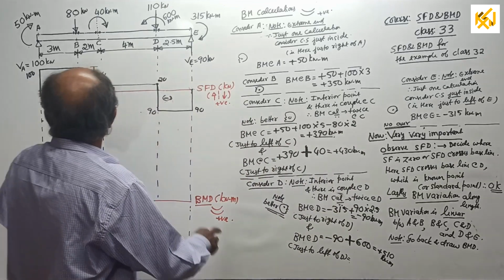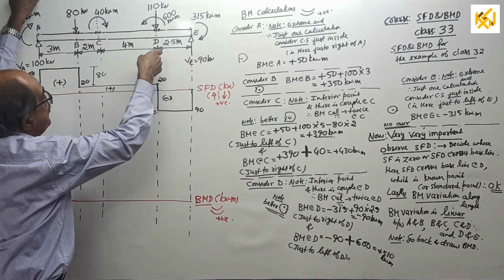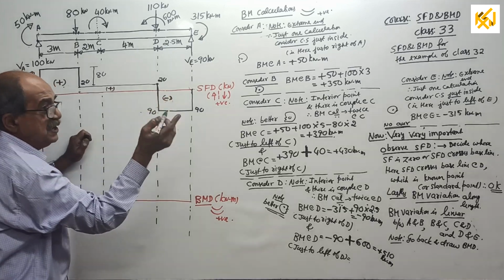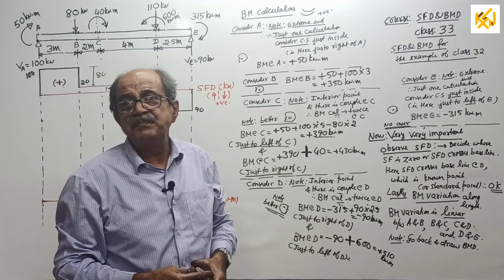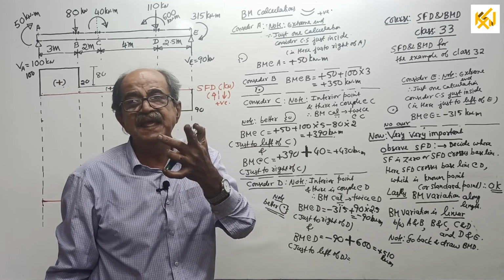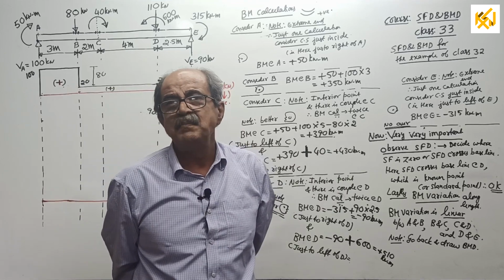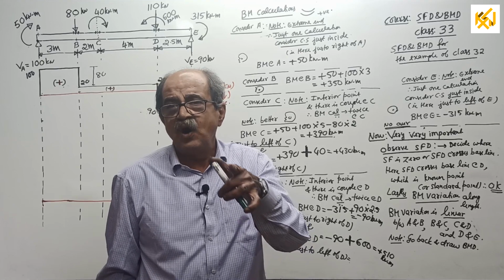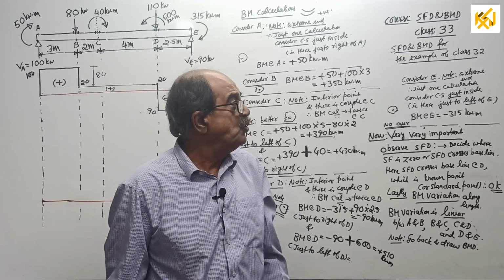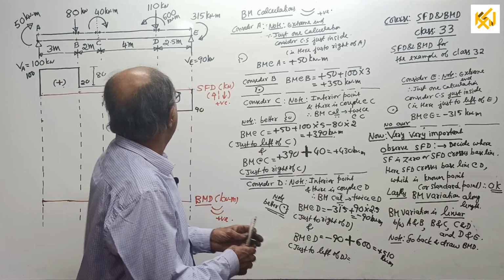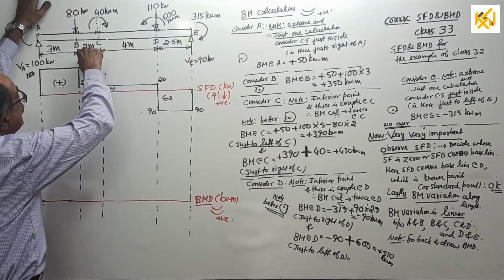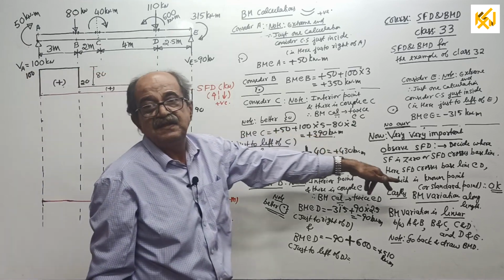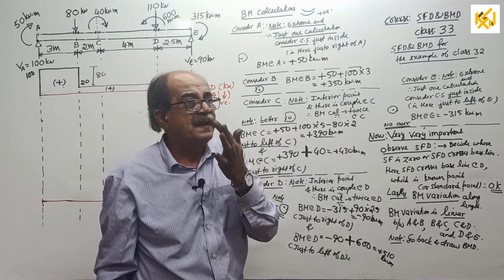Here, SFD crosses baseline at D. See here, D. Wherever shear force is 0 or SFD crosses baseline, bending moment will be either maximum or minimum. Therefore, if that point is an unknown point, then you have to locate it. How to locate will come later.